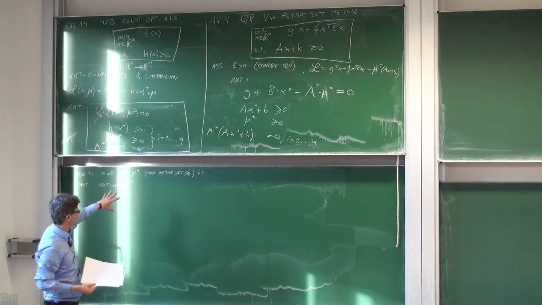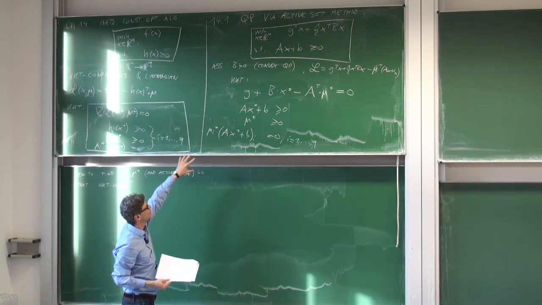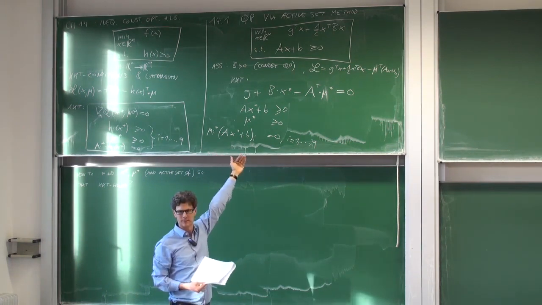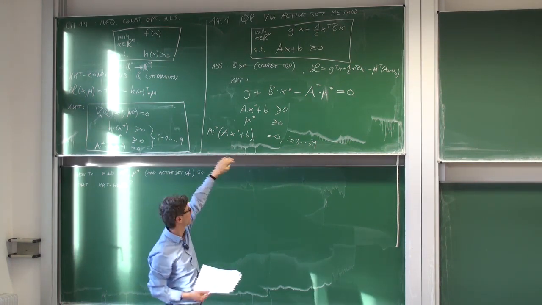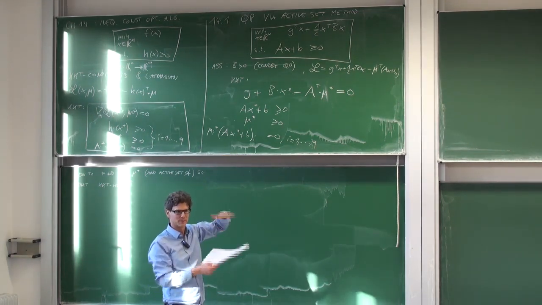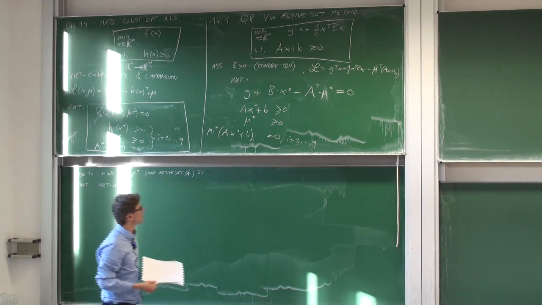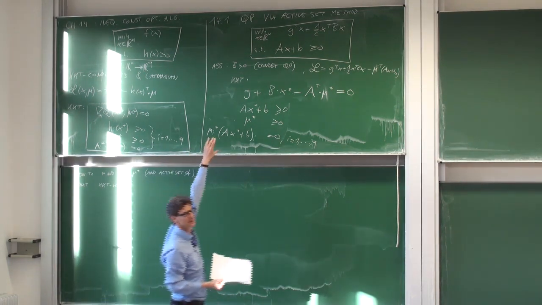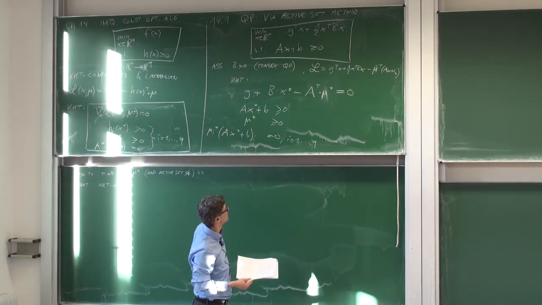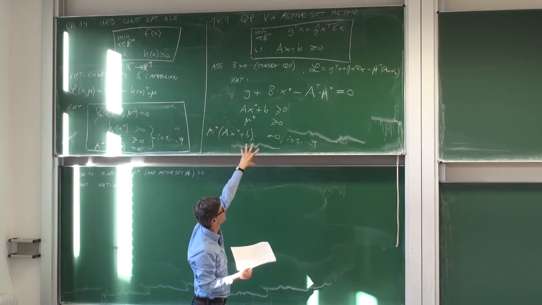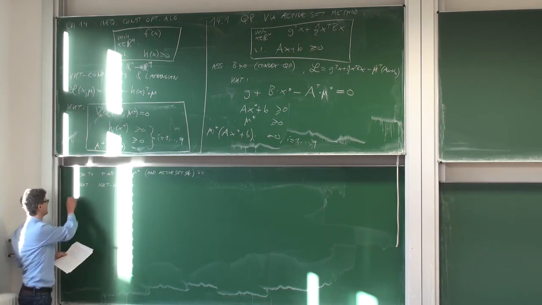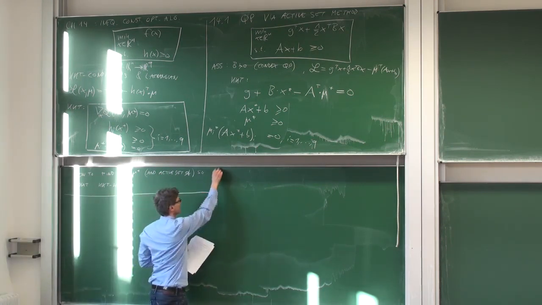And I say an active set because if we know the active set, then some of these inequalities will be equalities. We know, because that's what an active constraint means, that this thing holds with equality. And if you would know which ones hold with equality, then you could actually have a linear system that we can solve. And that's what we want to end with. And I will actually translate these conditions into a new formulation that is completely equivalent, but which is more computational and which will then lead directly to active set methods.